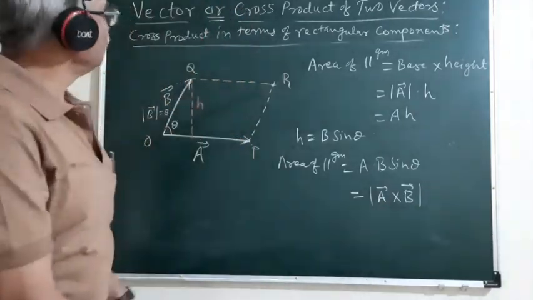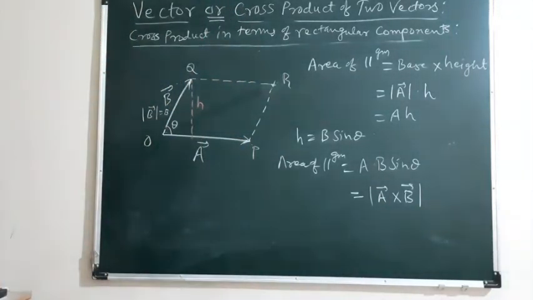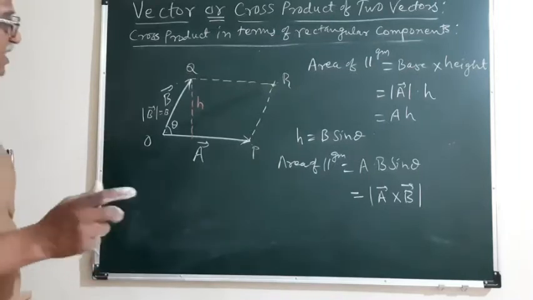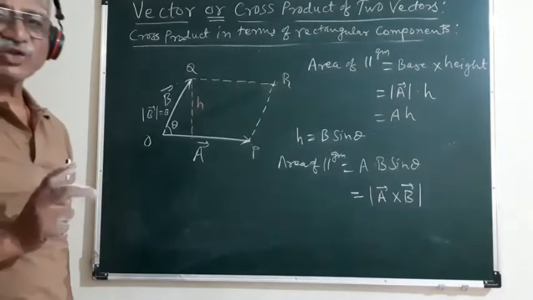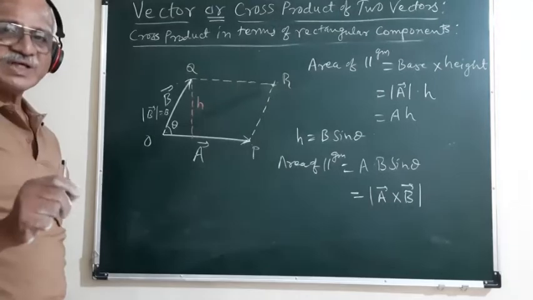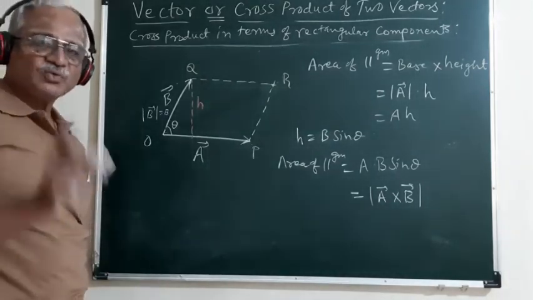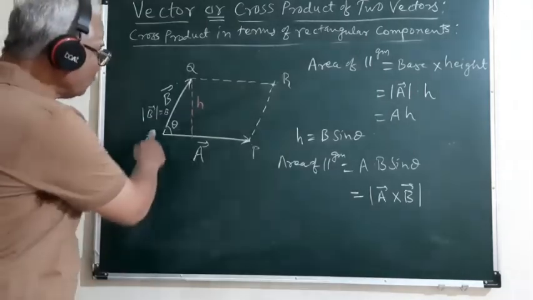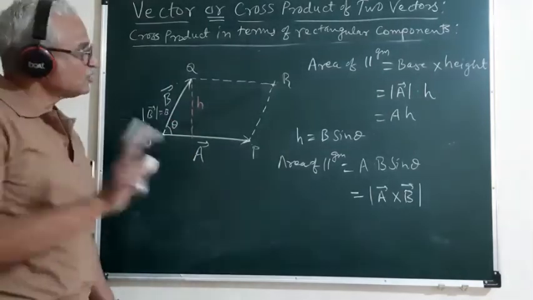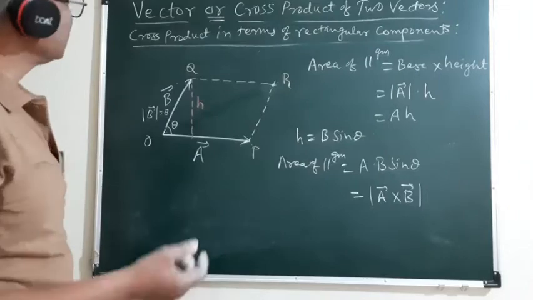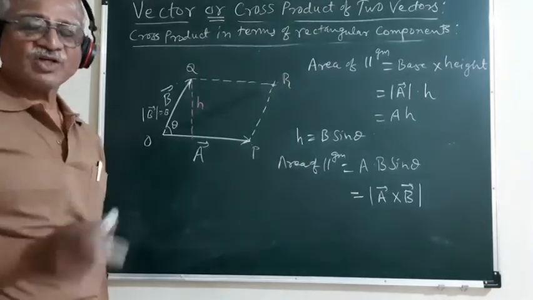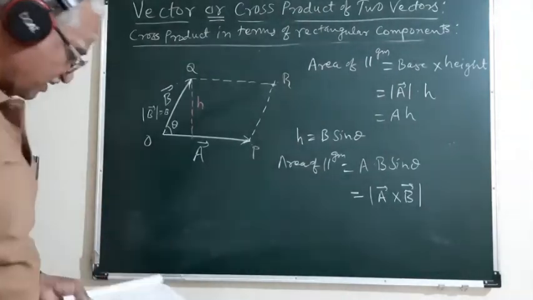So that is how we can say that the magnitude of the cross product of two vectors gives us the area of the parallelogram formed by the two given vectors as the two adjacent sides. So that is all about the vector product or the cross product of two vectors.